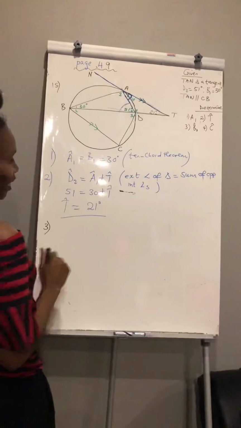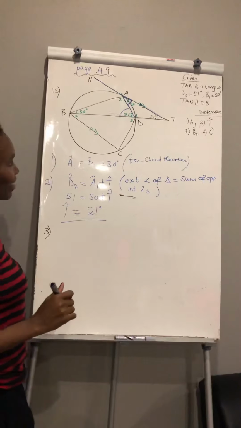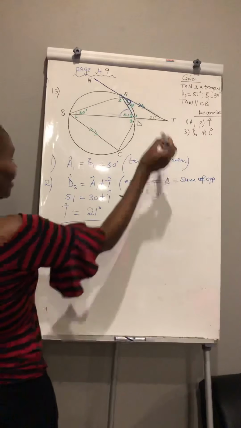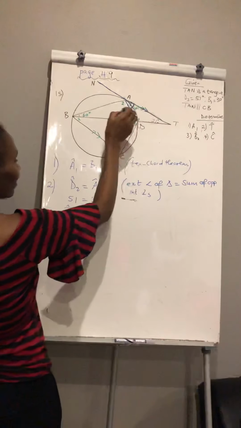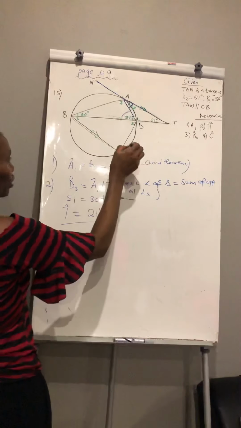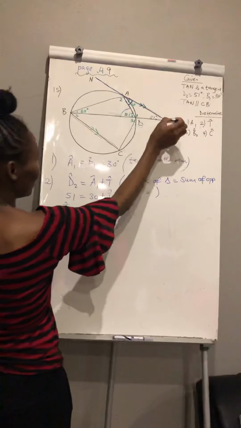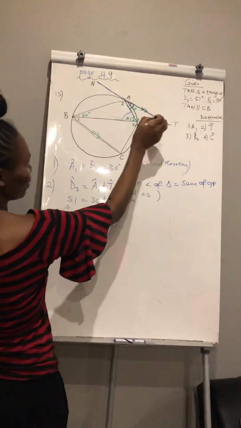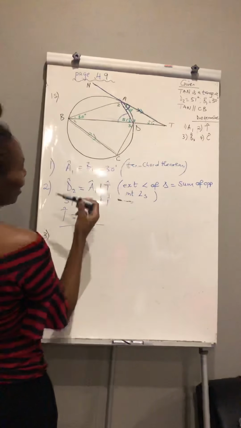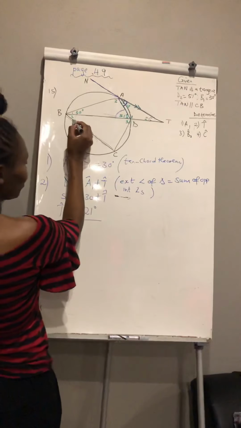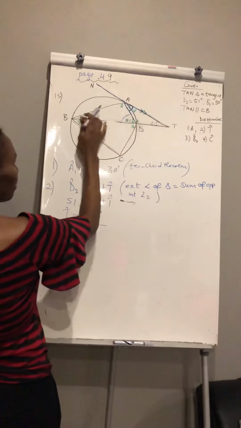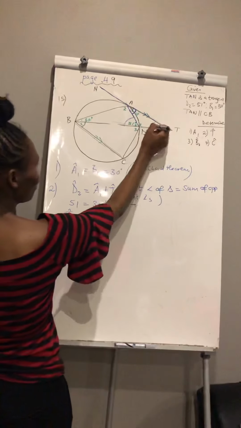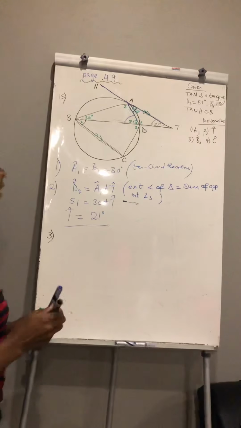B2. Now that's an interesting one. I'm sure you also found that one. So look, we're now using our parallel lines. And I'm sure you're noticing there is a Z here, which we are not going to ignore at all. If we want B2, it should then be equal to, if you're looking at the Z that I'm talking about, it should be equal to that one. Those are alternating angles.